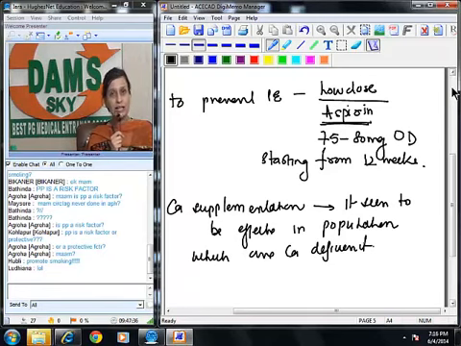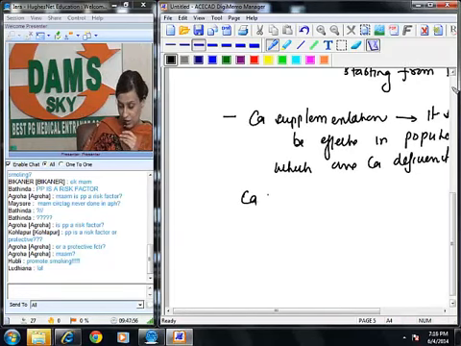Now, on the other hand, you will find very often every pregnant lady being prescribed calcium. Why do we prescribe calcium? Are we doing this to prevent preeclampsia? All pregnant women are prescribed calcium. In fact, you get it as an MCQ as well. What is the calcium requirement in pregnancy?